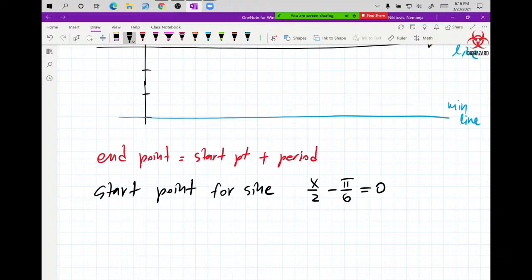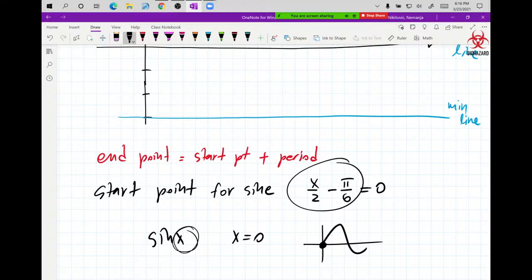Now, why are you doing this? Because you want to find the value on x-axis, right? You want to find a value where that point is. Now, look, if you just have vanilla sine x, then saying x equals 0, well, yeah, we start at the origin, right? X equals 0, right there. And the graph starts. But now, because it's moved, I don't have sine x anymore. I have some mess, this mess.